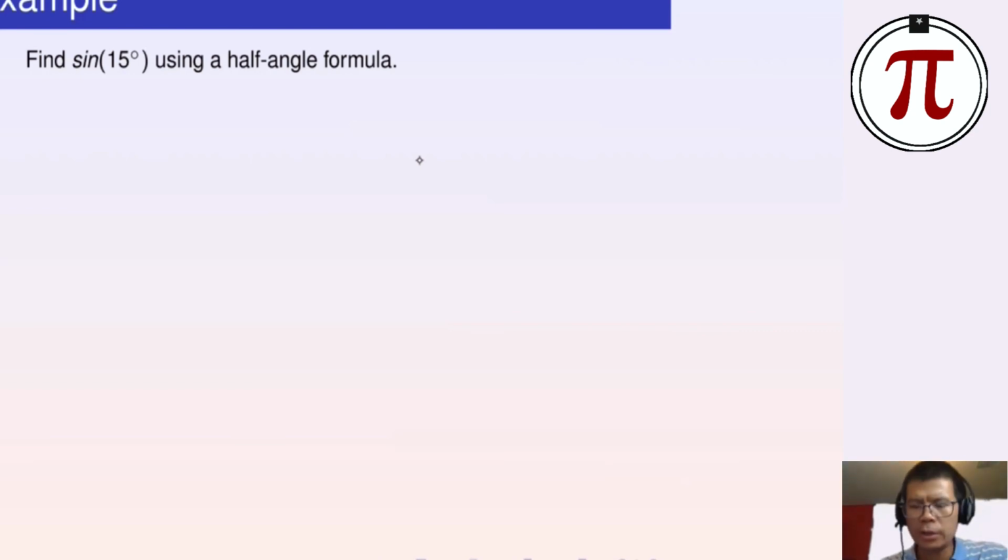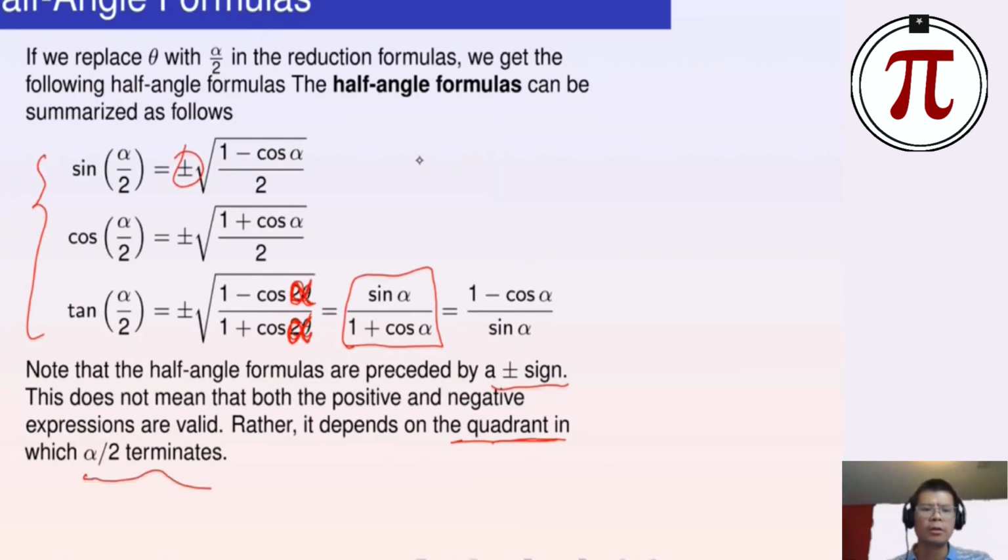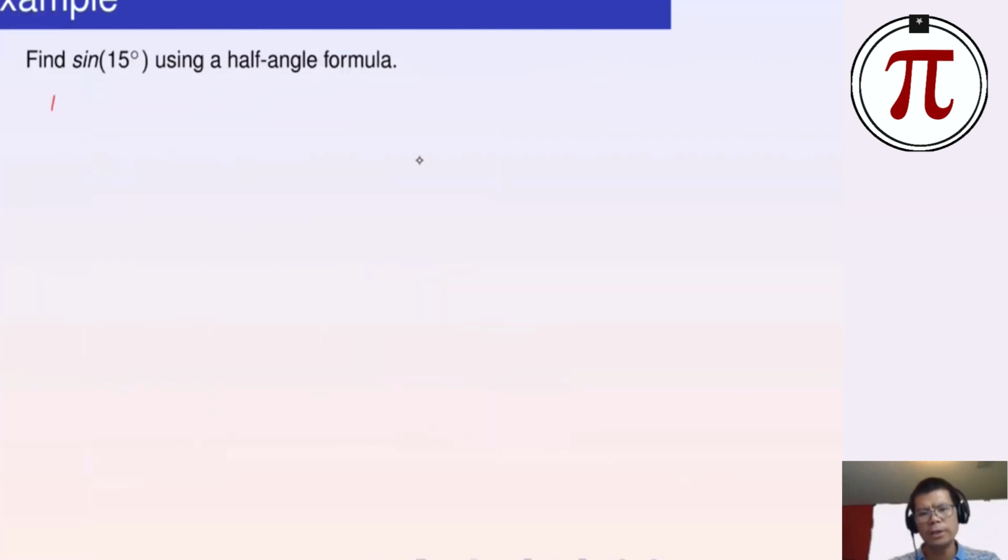You see that this is not a special angle, so how can we find it? Using the half angle formula, if alpha is 30 degrees, then 15 degrees equals alpha over 2.